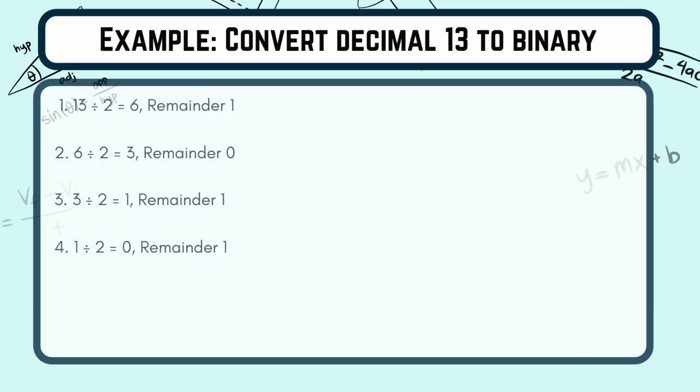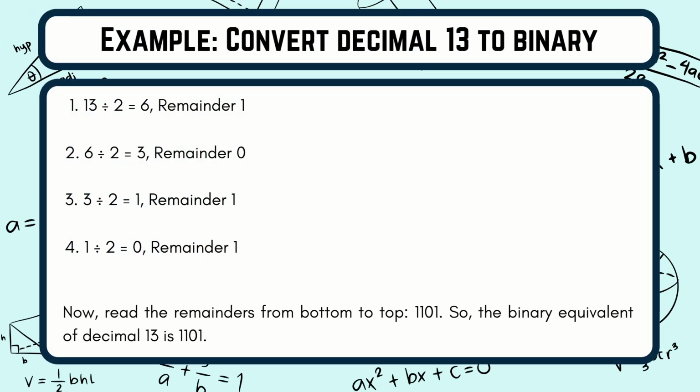This sequence of zeros and ones is the binary equivalent. So here is the example on how to convert a decimal to binary. Let us convert the decimal 13 to binary. In step 1, we divide the decimal number 13. So 13 divided by 2 equals 6 and the remainder is 1.